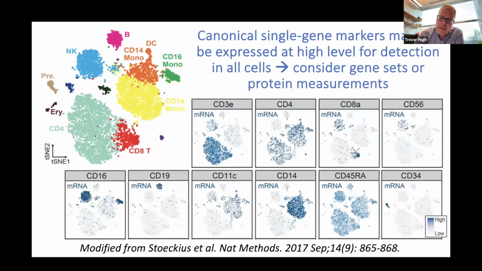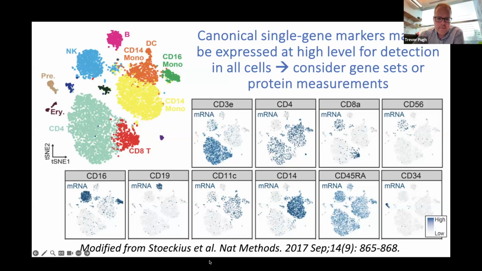Sneaking a little bit beyond RNA sequencing, one of the experiences we had early on was a bit of disappointment. There were very well-established canonical protein-based markers for cellular phenotyping, especially when we worked with immunology groups that had a set of cell-determining markers like these. When we went to sequence them by RNA, those canonical markers weren't always expressed at a very high level, or weren't expressed in a homogeneous manner across all the cells in a sample.